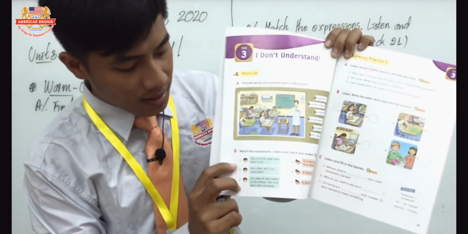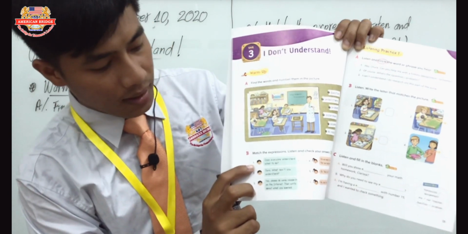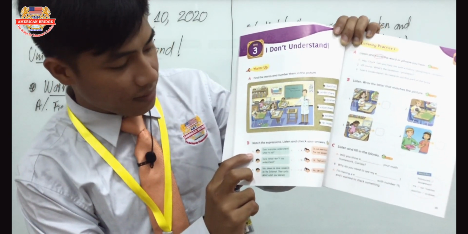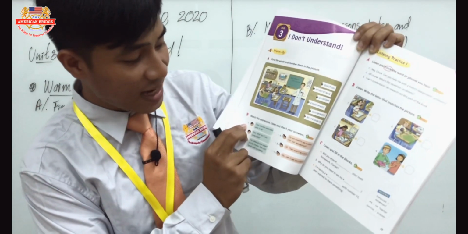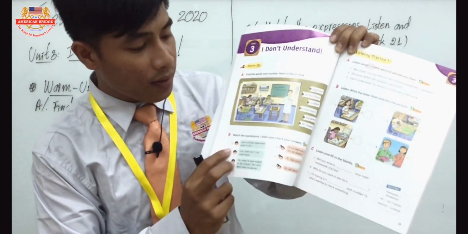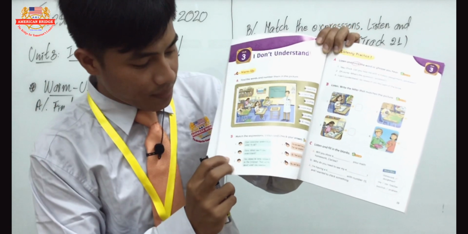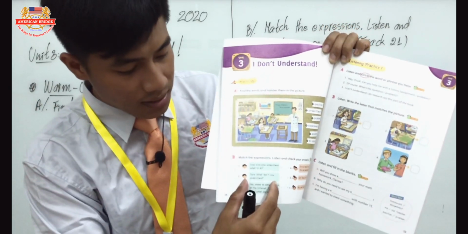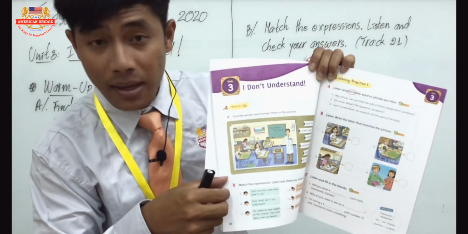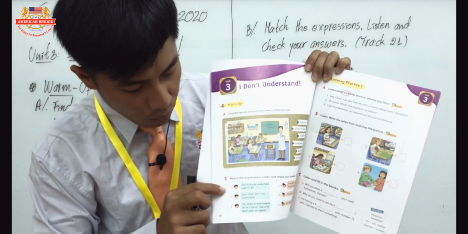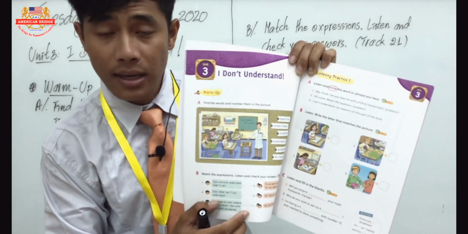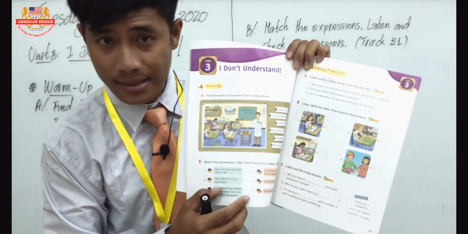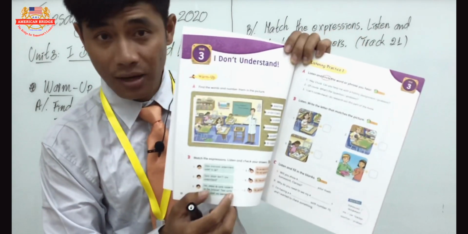Then you will see, over here we have the expressions. We have to match the expressions and listen and check your answer. Look at this page. Part B. You will see from 1 to 3, and you have to match to A to C. You have to match it into the correct sentence, the correct answer with the question.